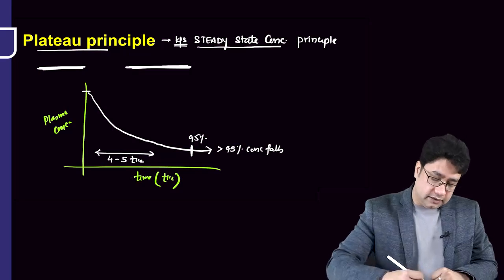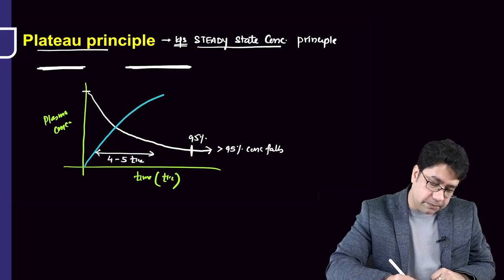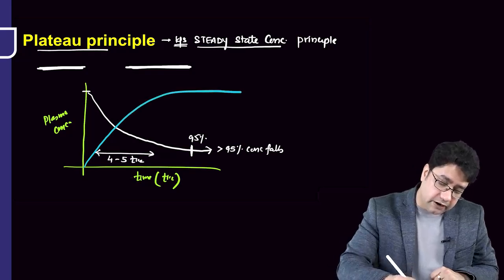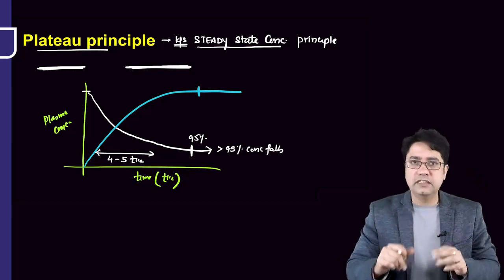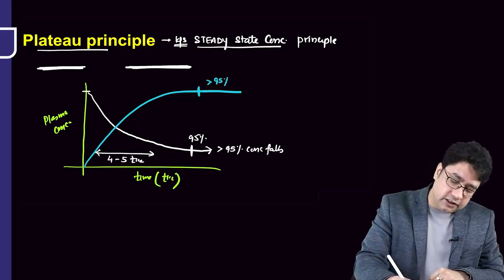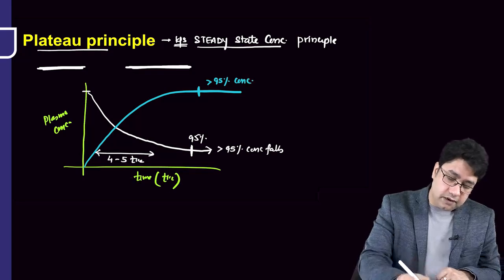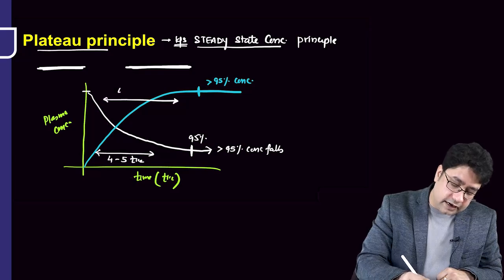Now what I have done, I am continuously giving a drug to a patient. If I am continuously giving a drug to a patient at a constant rate, its 95% concentration in plasma will get achieved in how many half-lives? Again, 4 to 5 half-lives.